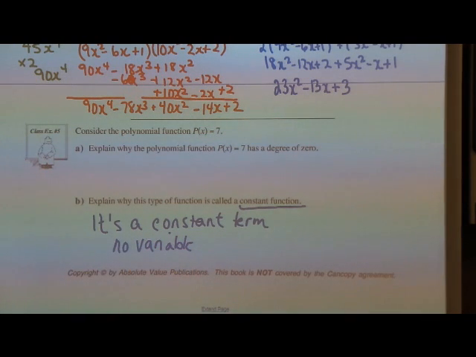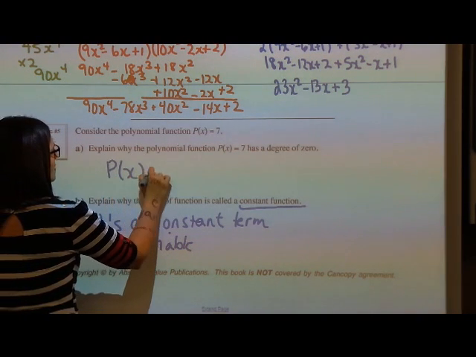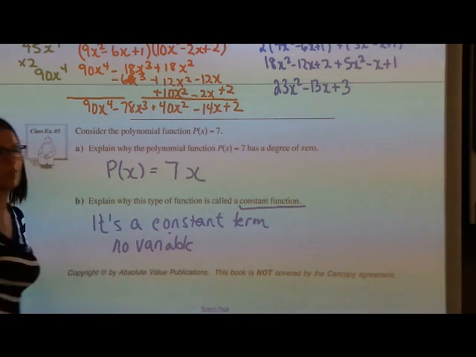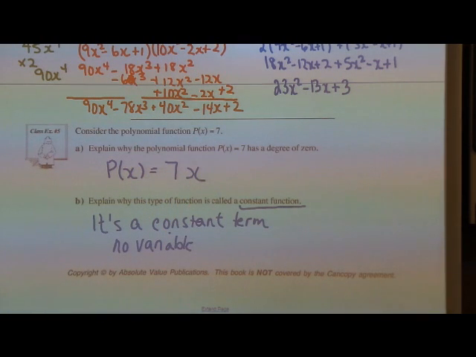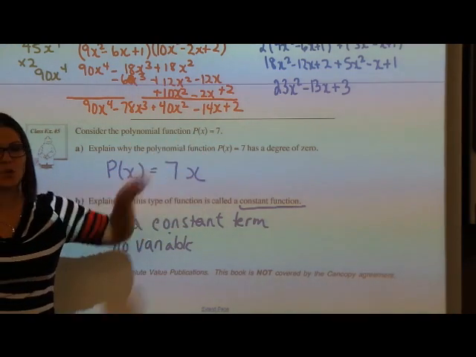But what if I told you that you live in the land of variables and everything that you write has to have a variable in it, otherwise you're punishable by, I don't know, 28 days in the stocks. So if I had to write this with a variable, what could I put in there to make sure that my 7x something would still be equal to 7?